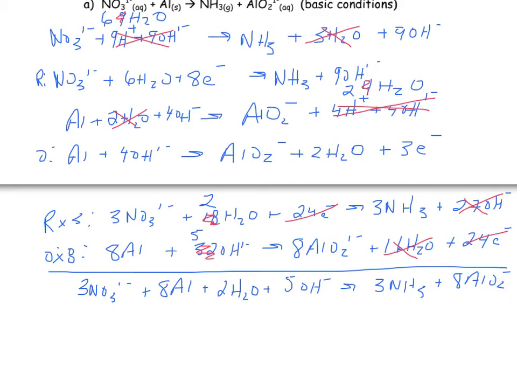And for hydrogens, I have 4 plus 5 more, that gives me 9. And 3 times 3 gives me 9. Charge-wise, I'm also balanced. I have a 3 minus and a 5 minus to give me an 8 minus on the left side, and I have 8 1 minuses on the right side.